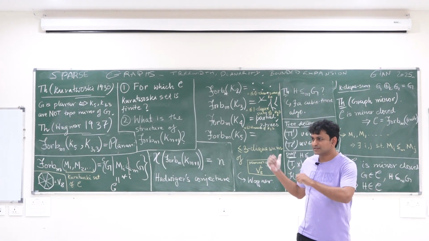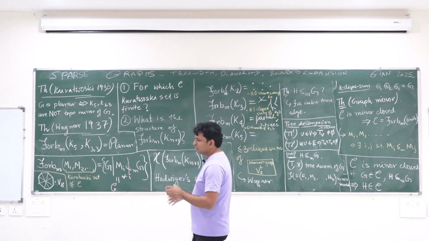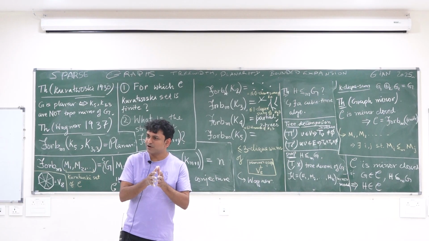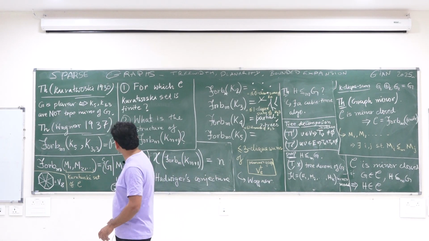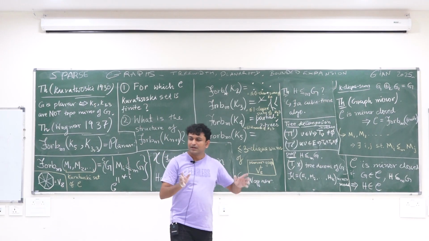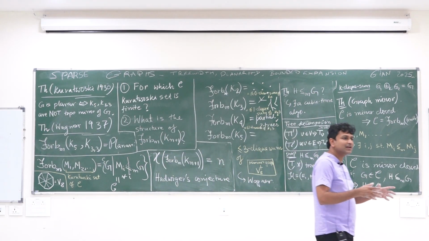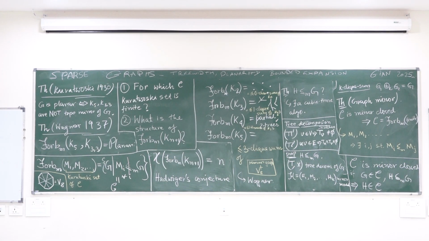So this is something similar, a bit more important. So take a minor model of H. Remember there was an alternative definition, this minor model: some connected, disjoint subgraphs of G, where each subgraph corresponds to a vertex of H.